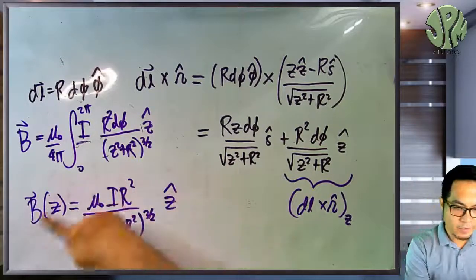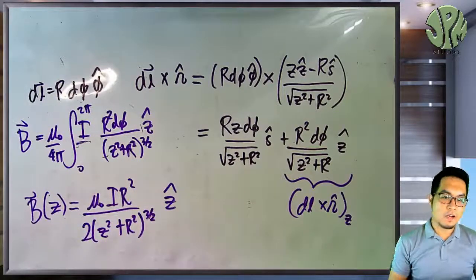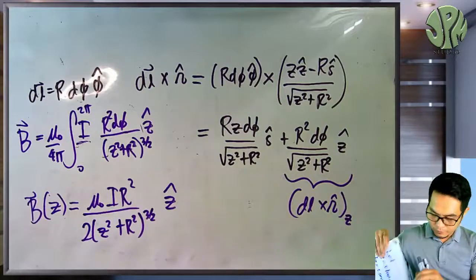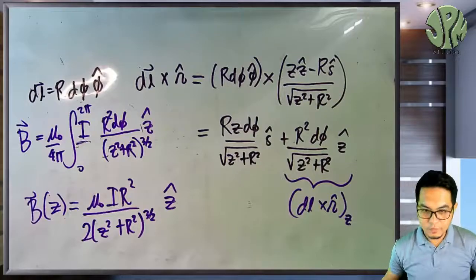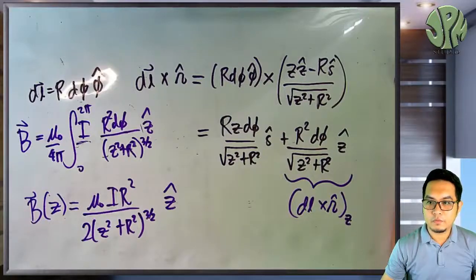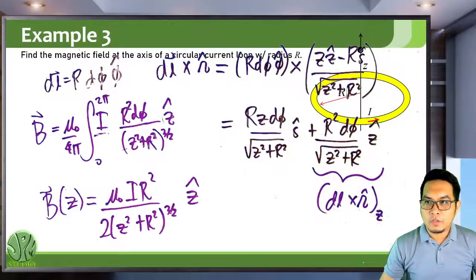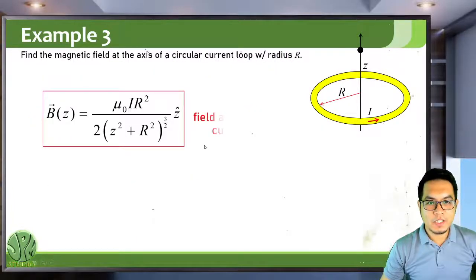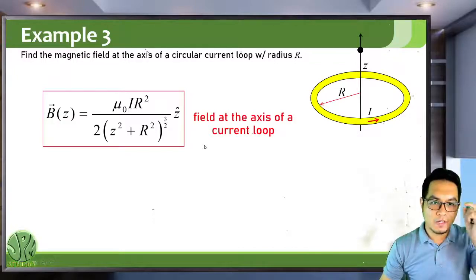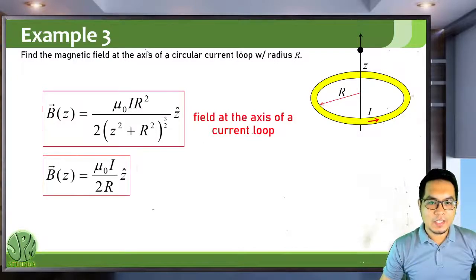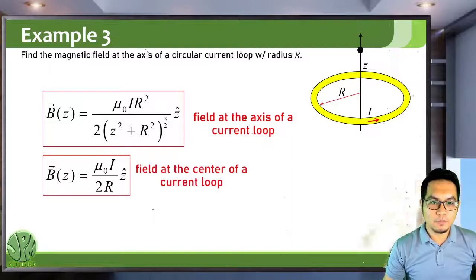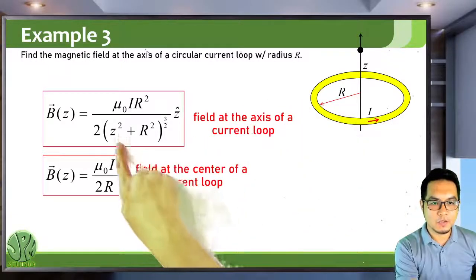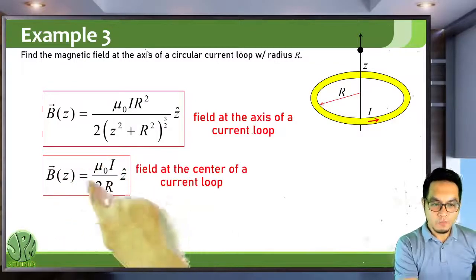So this is the magnetic field at the axis of a circular current loop. As a summary, this is the field at the axis of a current loop, and at the center of the current loop, that is at z equal to 0, you will get this result.